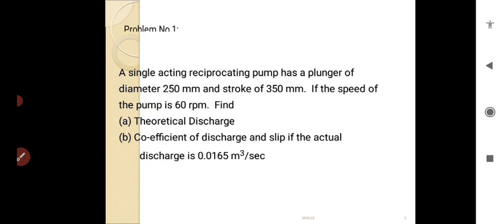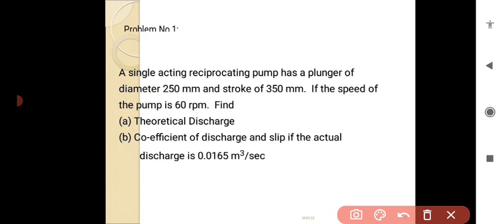If the speed of the pump is 60 rpm, find theoretical discharge, coefficient of discharge and slip if the actual discharge is 0.0165 meter cube per second. In this problem, the diameter of the plunger, stroke length and speed of the pump are given, and we are asked to find theoretical discharge, coefficient of discharge and slip.